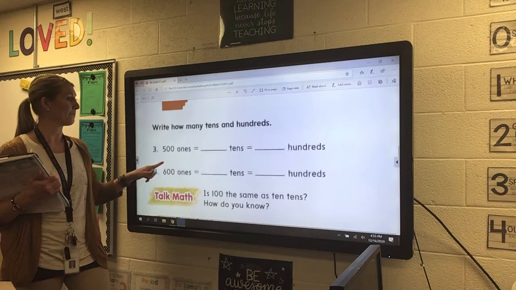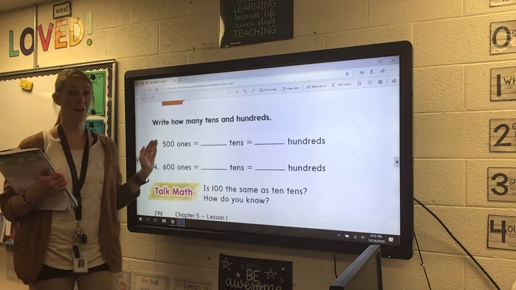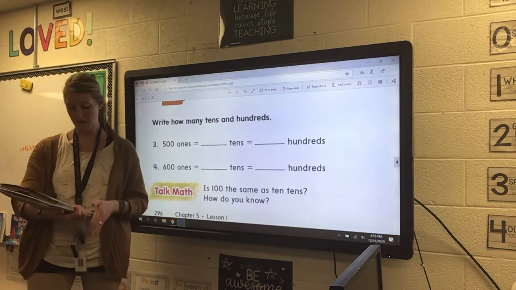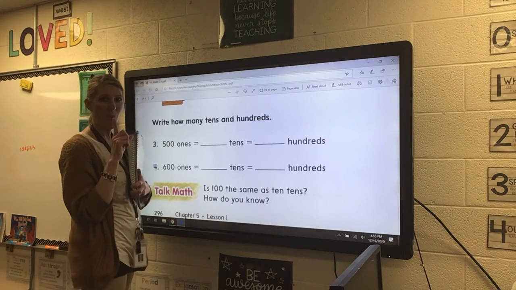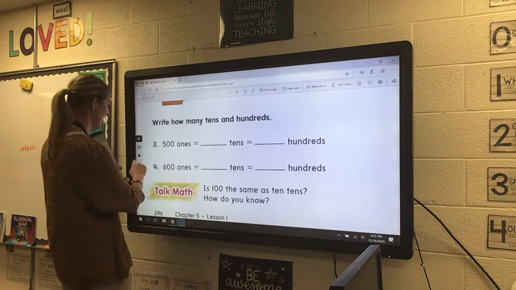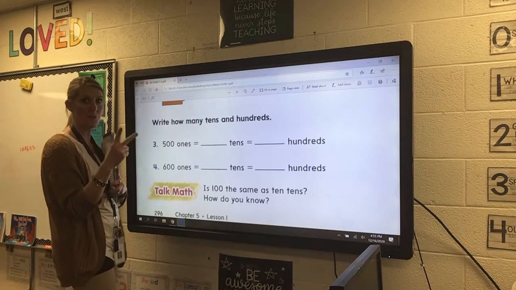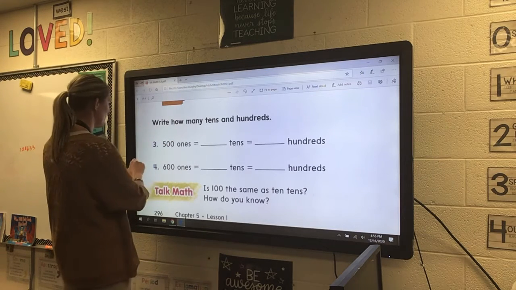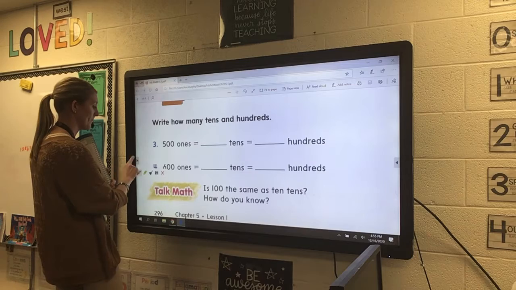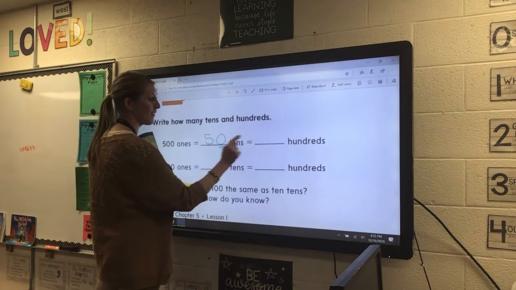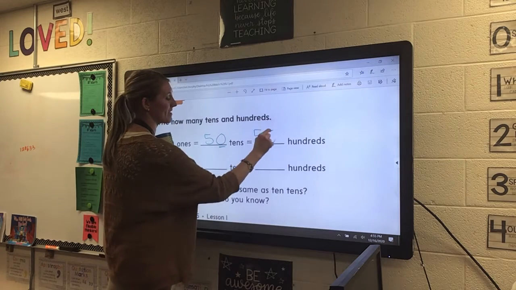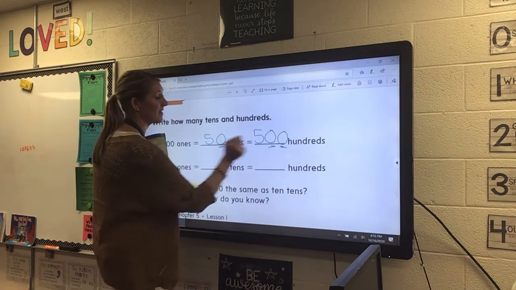Now down below, we're going to have to figure out if we have 500 ones, well, how many tens is that? Well, if 100 has 10, 500 would have 10, 20, 30, 40, 50 of them. And then for my hundreds, it'd be 500. I would just add a 0.